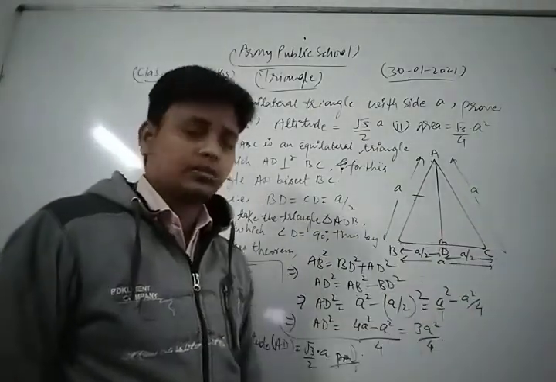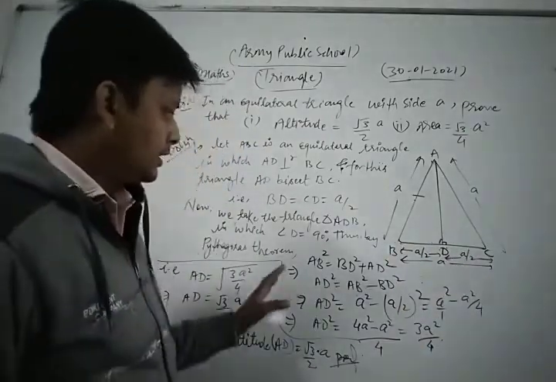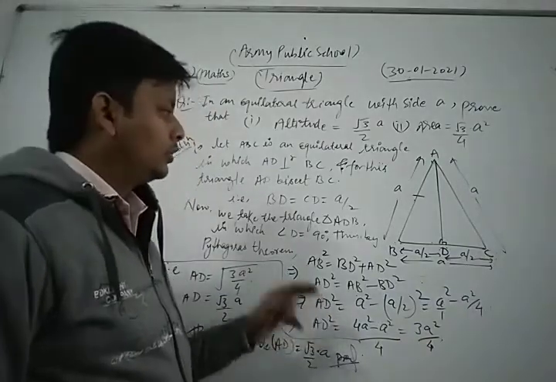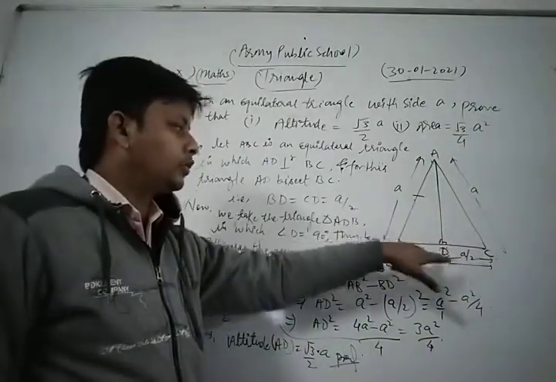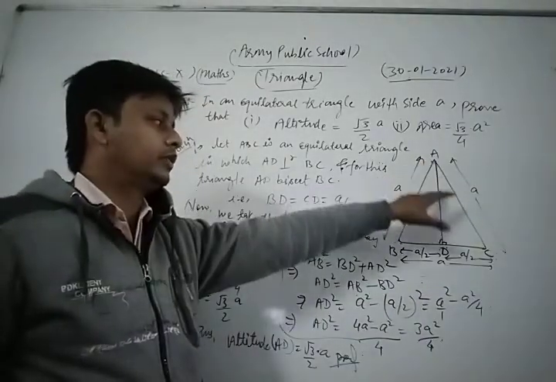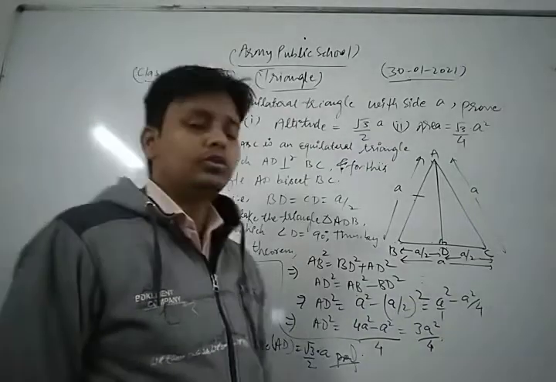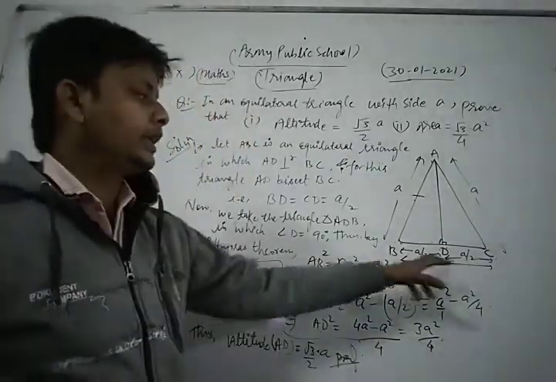Each side is A, and this is A by 2, this is also A by 2. Now if we draw AD perpendicular to BC, then in an equilateral triangle the perpendicular drawn from a vertex to its opposite side bisects the opposite side. So we get BD equal to CD, which is A by 2 each.